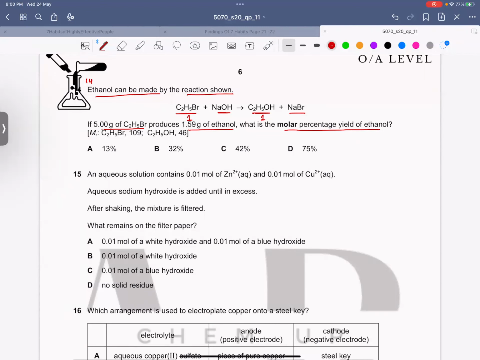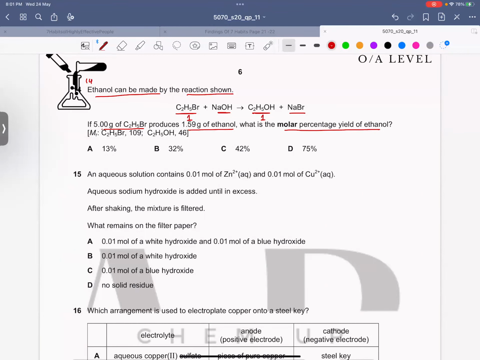The Mr of C2H5Br: 12 times 2 makes 24, 24 plus 5 gives 29. And the Ar of bromine is 80, I suppose. So 29 and 80 would give you 109.